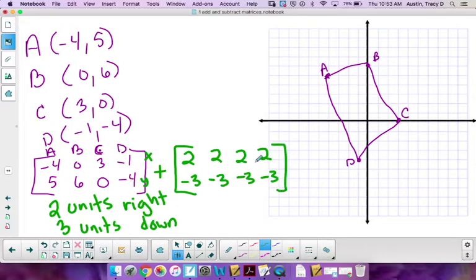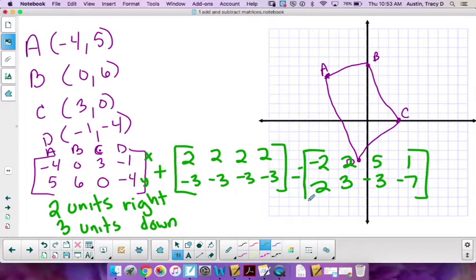So for my new matrix, -4 plus 2 is -2, 2, 5, and 1. And then subtracting 3 on all of those would be 2, 3, -3, -7. Right?